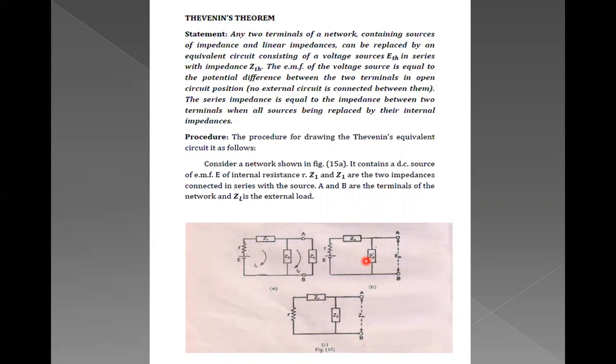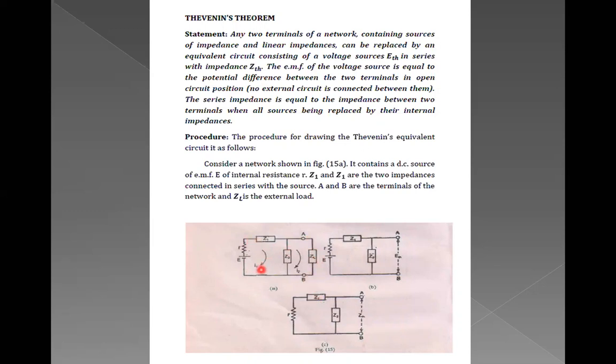Now, how will we find the values of ETH and ZTH, and then prove that the current through the load resistance is the same? Please look at this circuit, figure A. This is an EMF E, its internal resistance is R, and these are impedances Z1 and Z2, and between these two terminals we have a load impedance ZL.